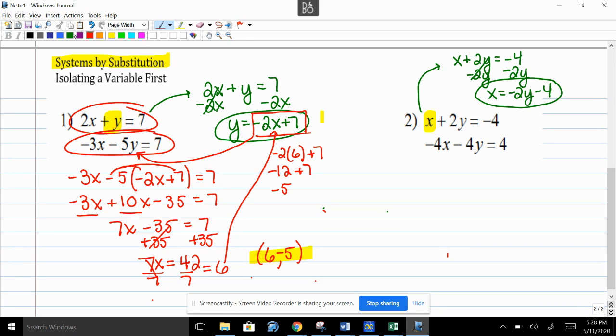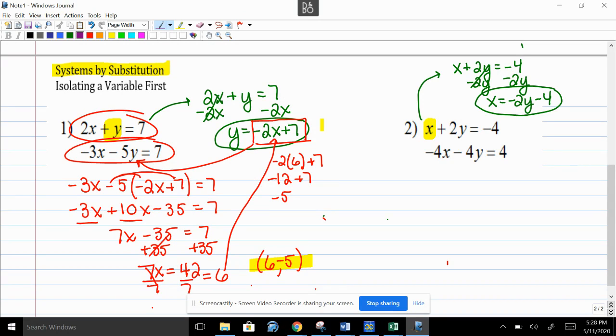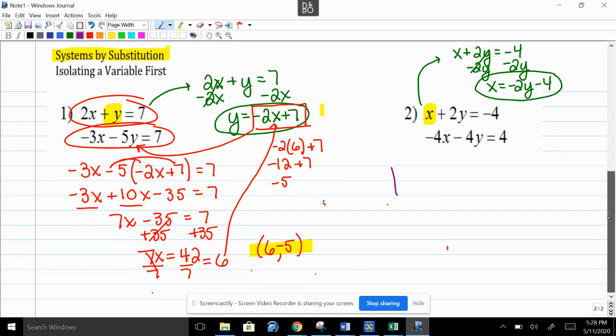In that second problem, okay, just be careful because now you're plugging in for x. So that negative 2y minus 4 has to replace x. So it's going to be negative 4 times negative 2y minus 4, minus 4y is equal to 4.